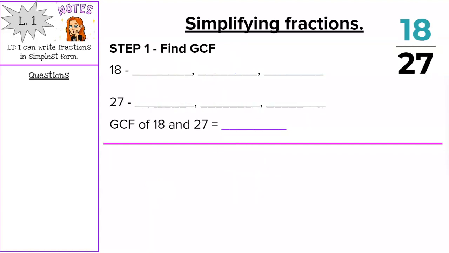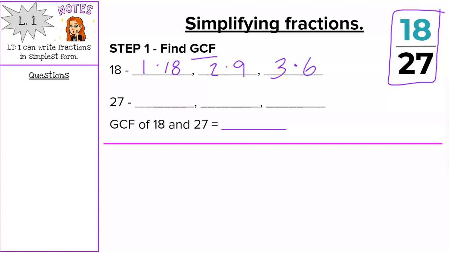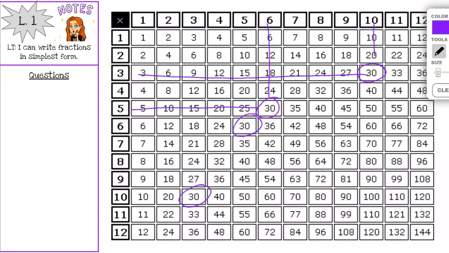One last example here for you guys. Again, we're going to simplify the fraction 18 over 27. So the first thing we're going to do is find that greatest common factor. 18, we have 1 times 18, 2 times 9, and also 3 times 6. Again, if you need that multiplication table, feel free to use it.